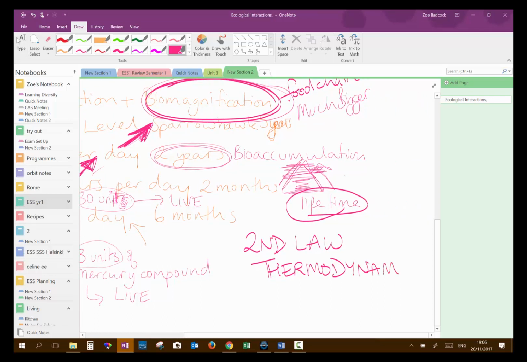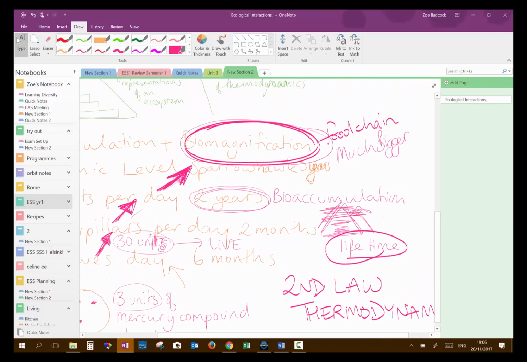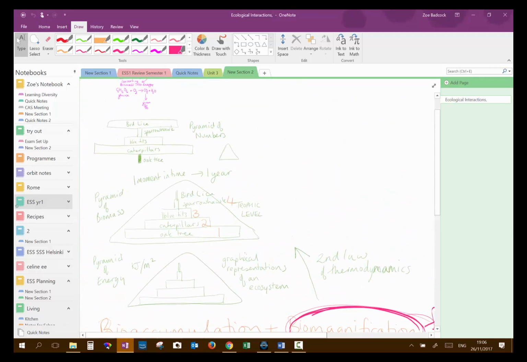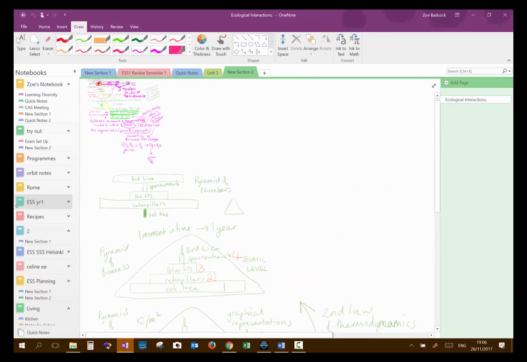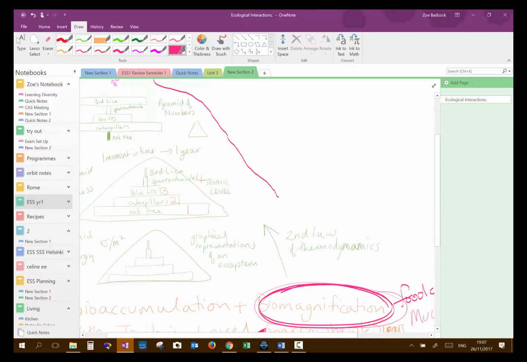So we've covered a lot of information in that small amount of time here. We started off with our food chain, and we've gone on a journey demonstrating how we can illustrate food chains graphically.